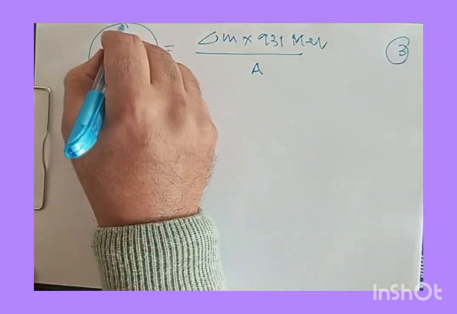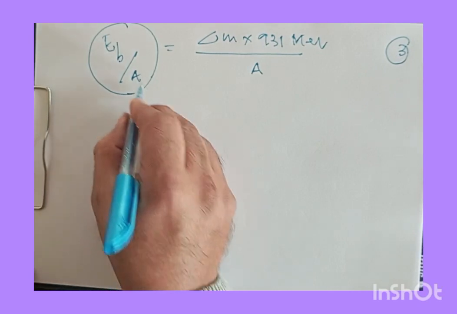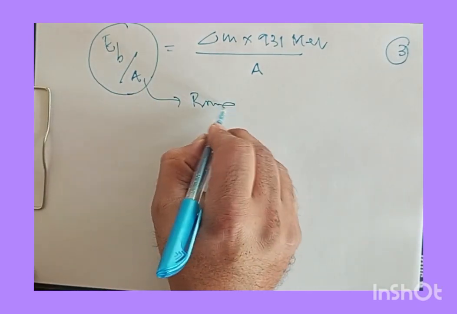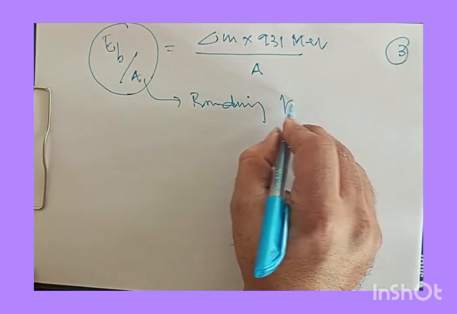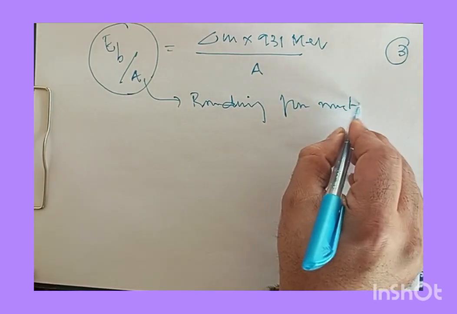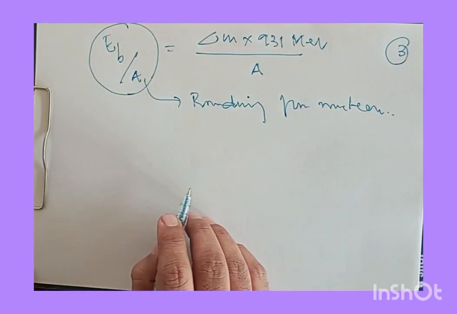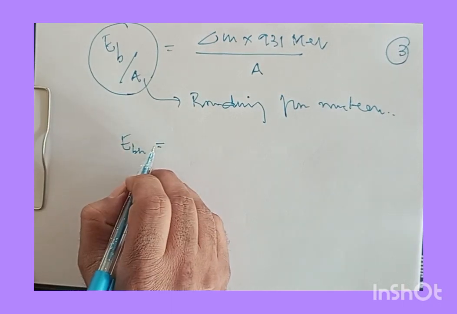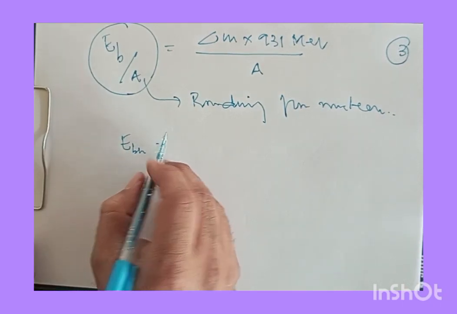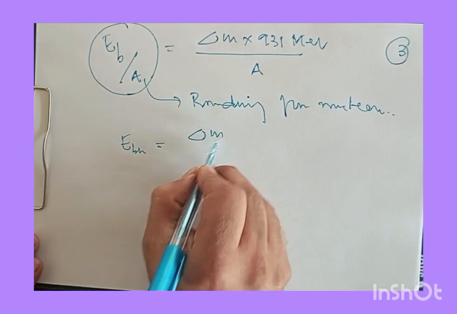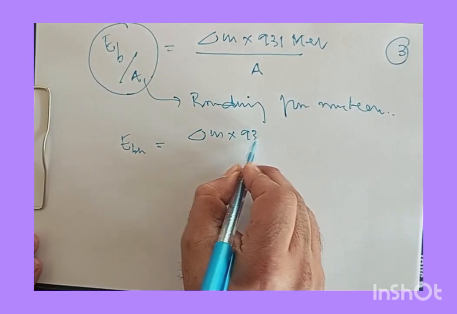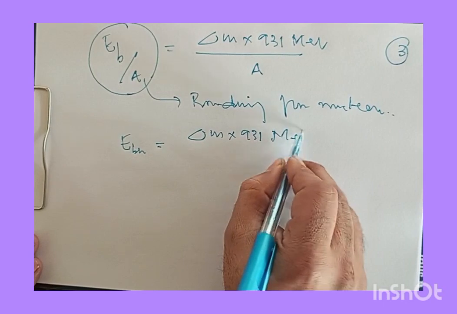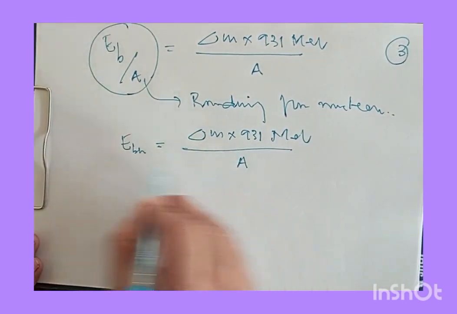Now this is called the binding energy per nucleon. I would like to call it EBN. So this binding energy per nucleon is delta M times 931 mega electron volts by the mass number.